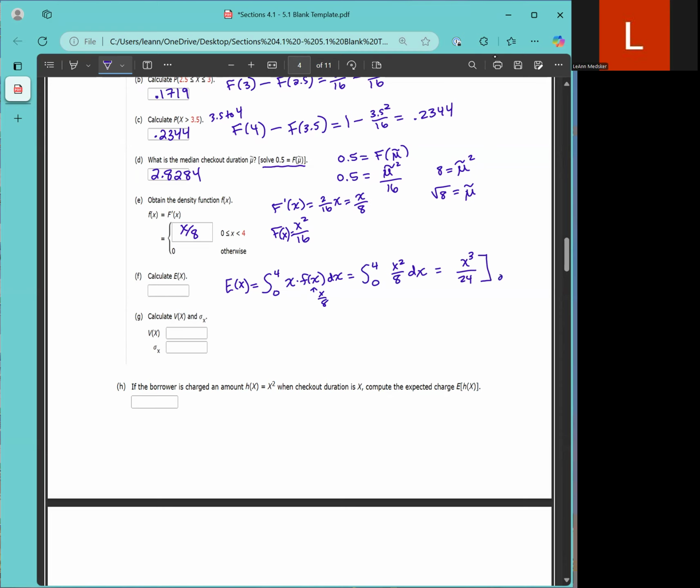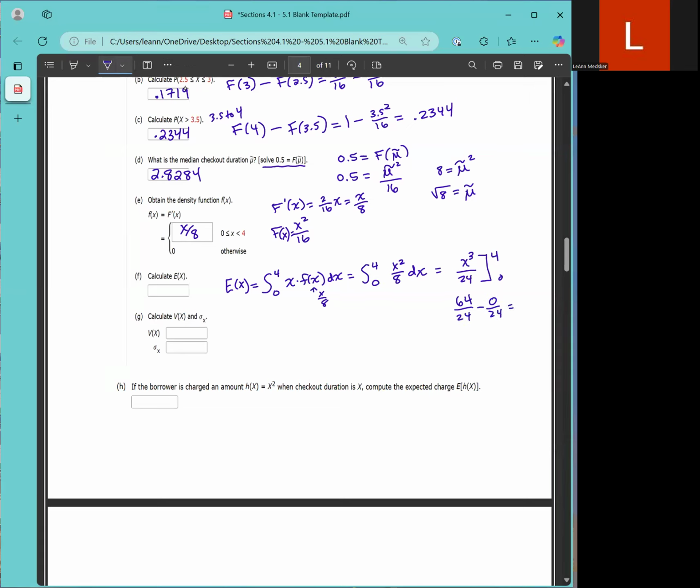And that would go from 0 to 4. So then that would be 64 over 24 minus 0 over 24. And when we work that out to 4 decimal places, this is 2.6 repeating. So it'd be 2.6667, because you round that last one.